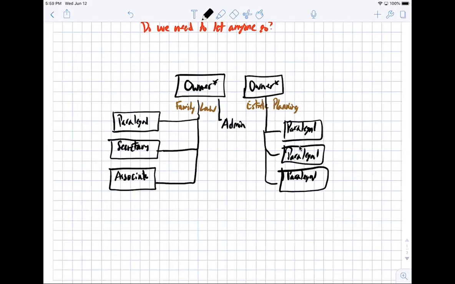And this poor admin actually reports to both. Okay. All right. So that's how they're going to structure their firm. They're going to have an admin that's going to support both of the attorneys. This attorney over here has a paralegal, a secretary, and an associate. This attorney over here has 3 paralegals. Okay. That's how we're going to structure the firm.